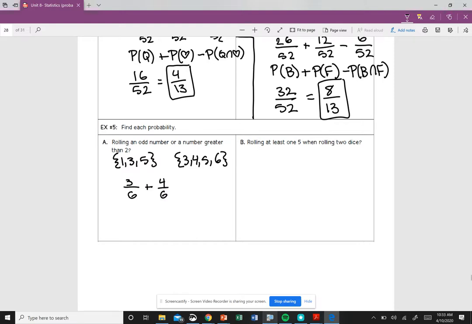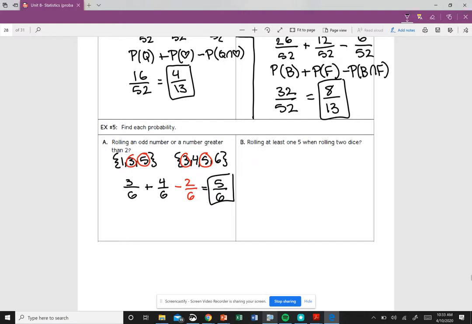And then how many of those numbers overlap? So there's a 3 here and a 3 here, and a 5 and a 5. So we're going to subtract 2/6. So 3 plus 4 minus 2. So this is 5/6. Does that make sense?